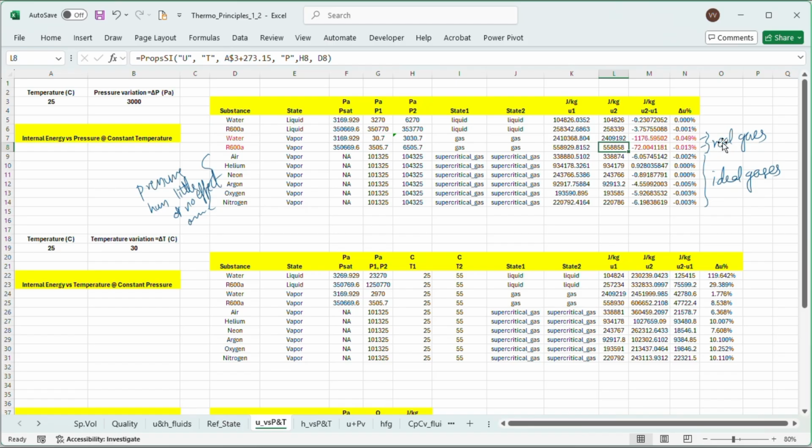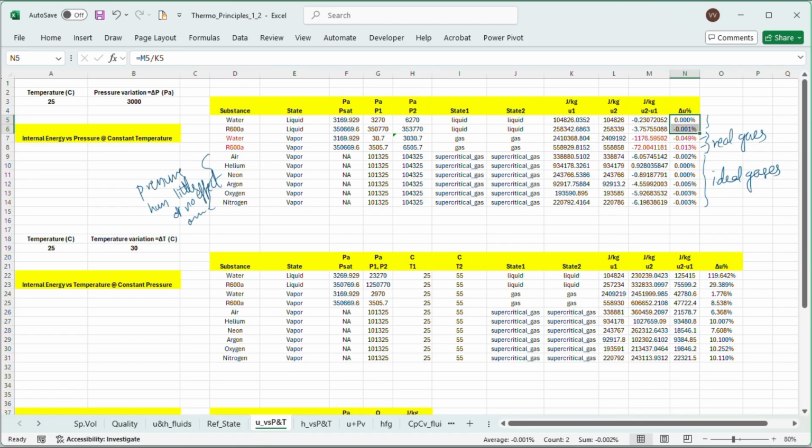Now, what happens when we are talking about liquids? In the case of liquids, we choose pressures above saturation pressure, and we can verify their state. Again, the internal energy change is negligible, just like ideal gases, when you're talking about constant temperature processes.